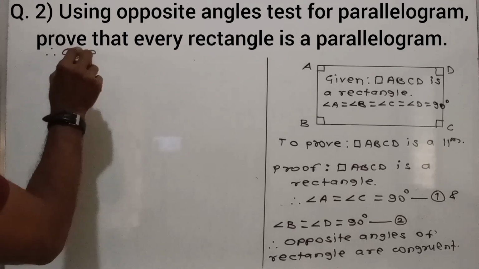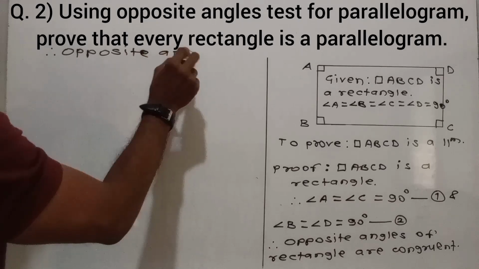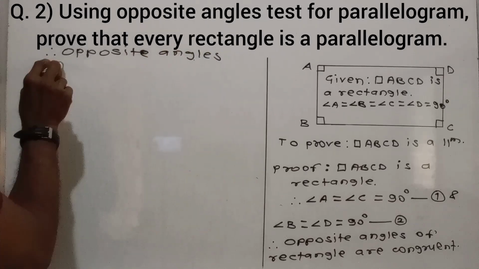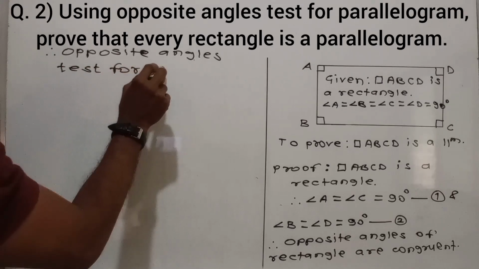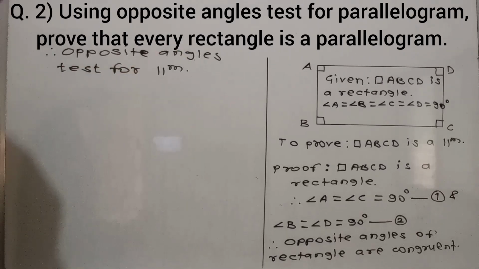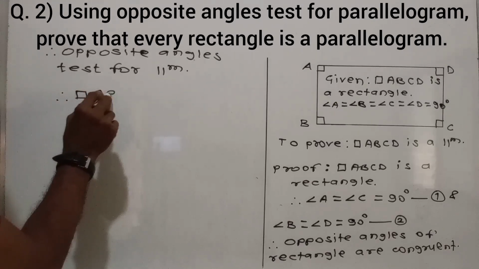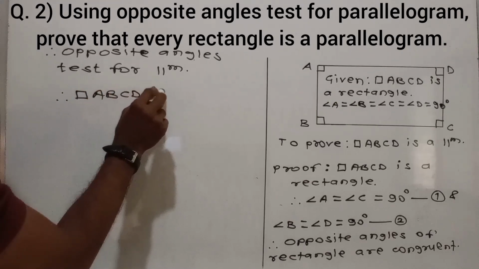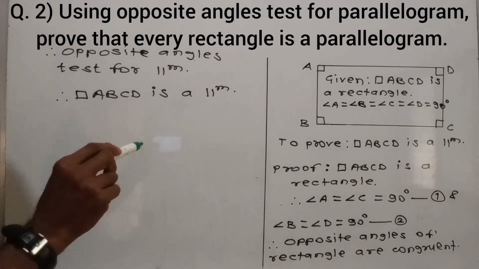Therefore, by the opposite angles test for parallelograms, we know that opposite angles are congruent. Therefore, quadrilateral ABCD is a parallelogram. Did you get it?